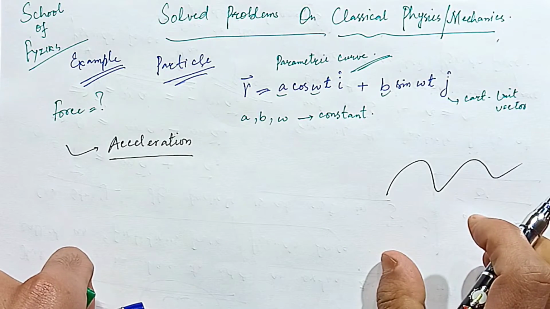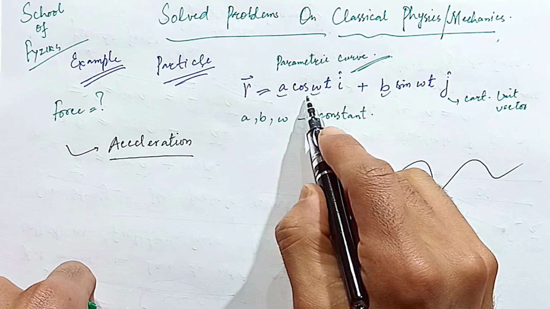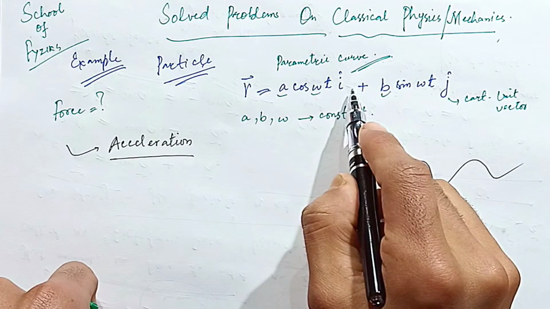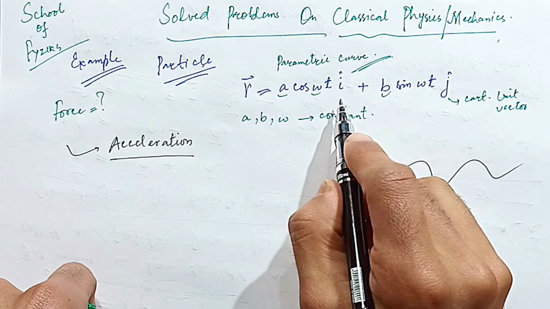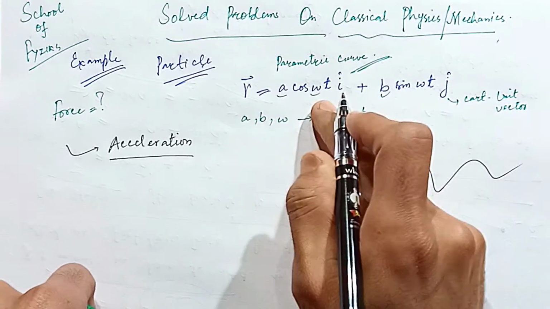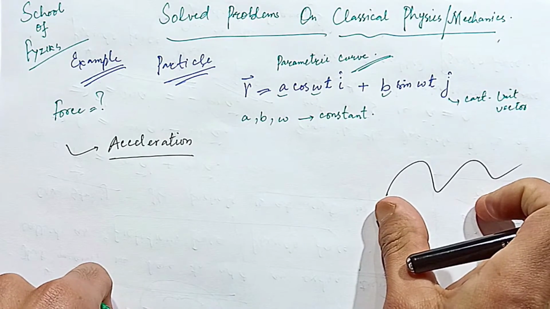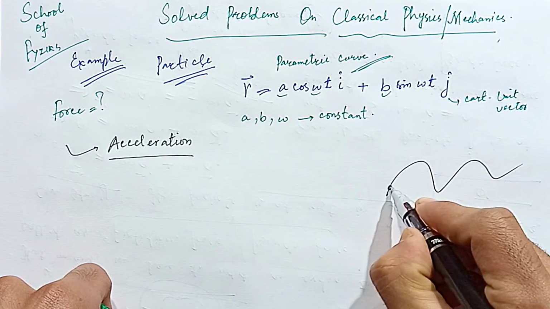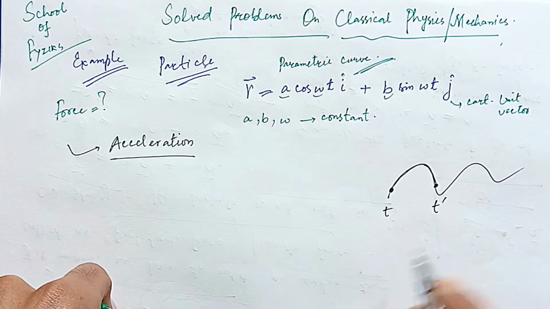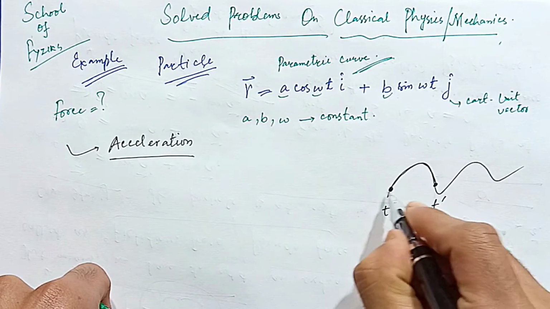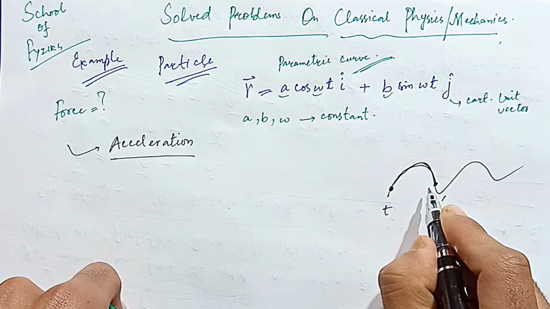It can be any shape, which can be seen by plotting it in software, but here we can roughly say it will be something like this. So consider a particle here, it follows a path like this from time t to t prime, okay? So this will be the path traversed by that very particle.